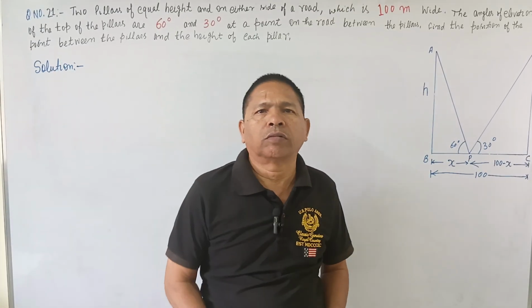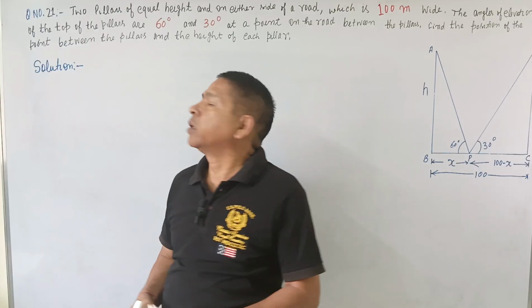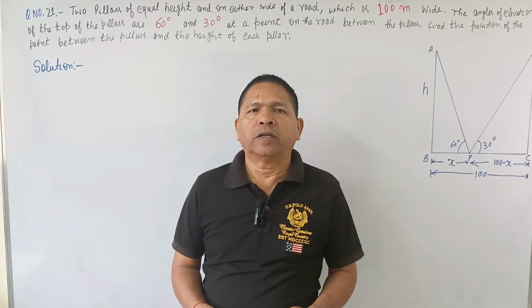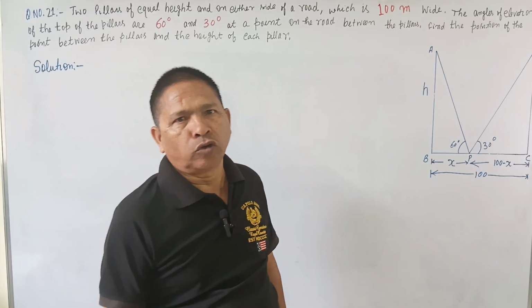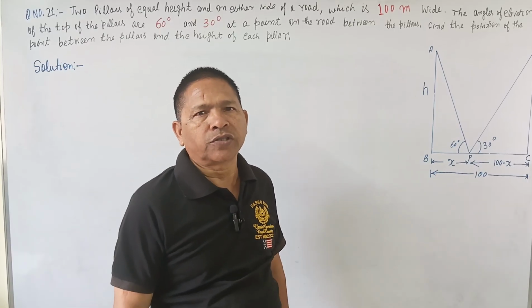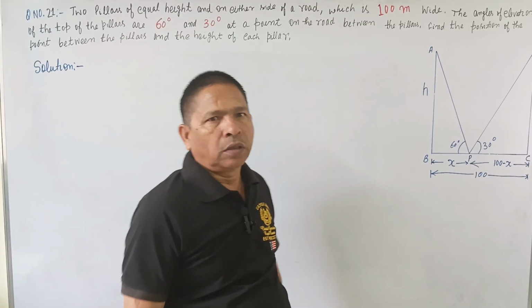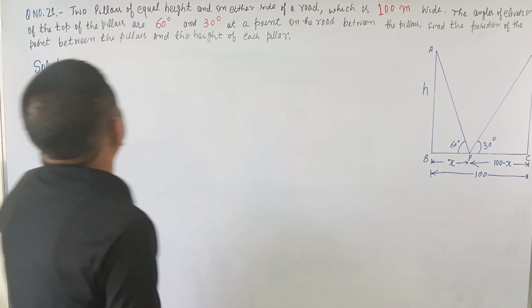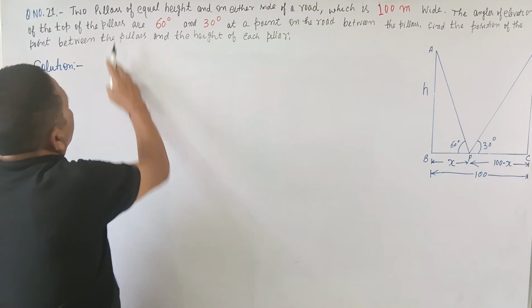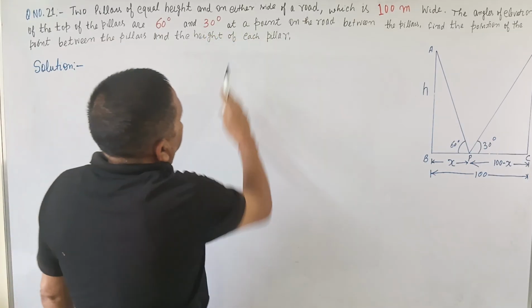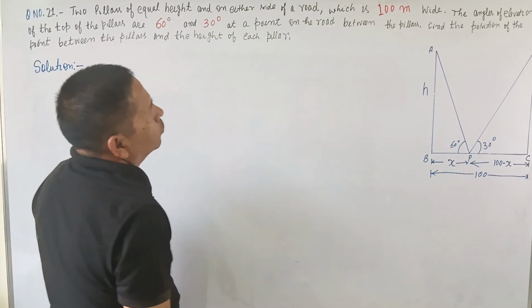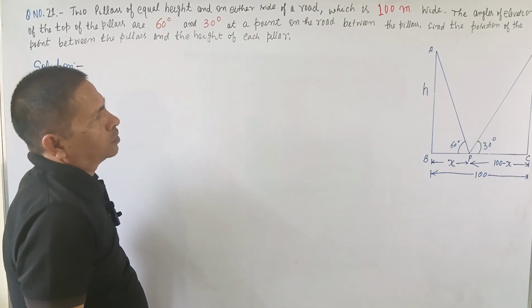Today I am going to solve question number 21 in my important questions on trigonometry chapter for class 10th. Now the question is: two pillars of equal height stand on either side of a road which is 100 meter wide.